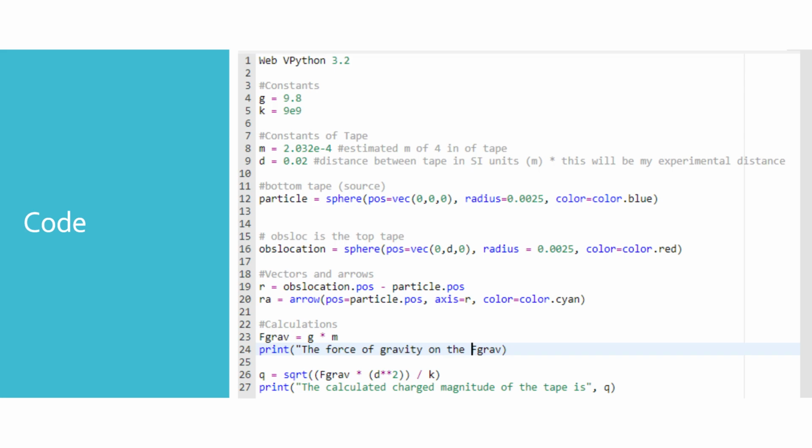You calculate gravity, and then down at the bottom, Q equals the square root of gravity times distance squared divided by K, which is our Coulomb constant. This was basically derived by doing some algebra on an F net equation, which is Newton's second law, to find what Q is.